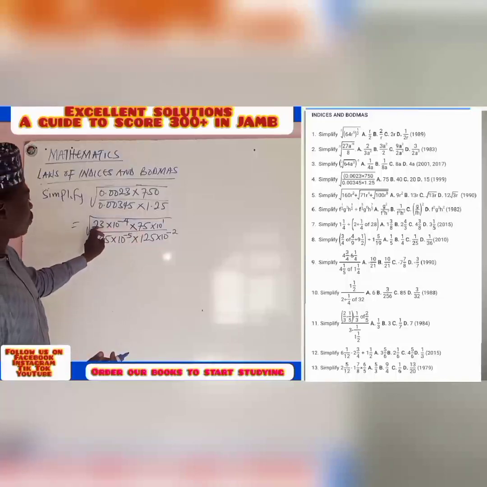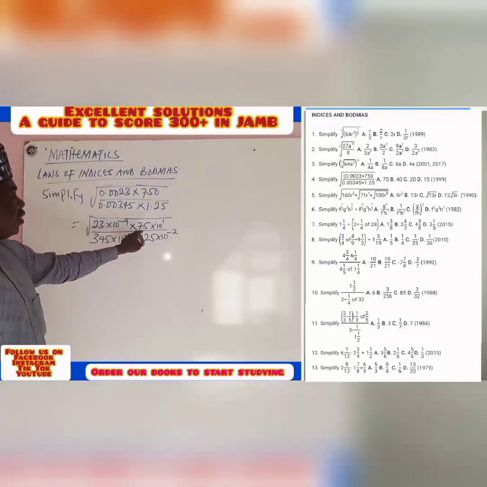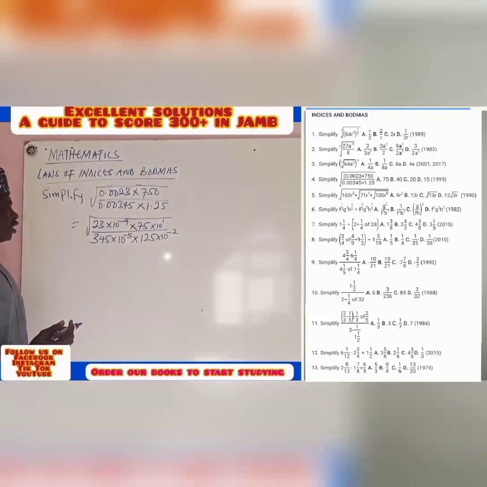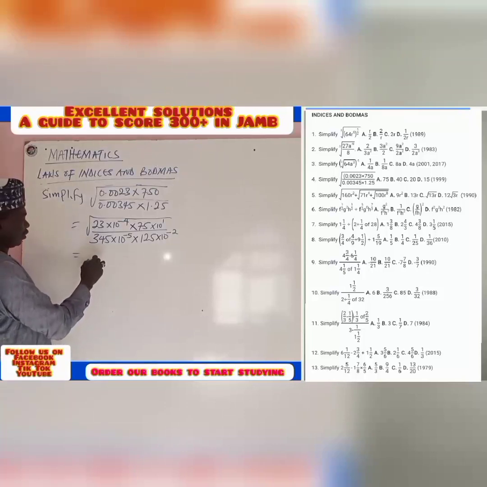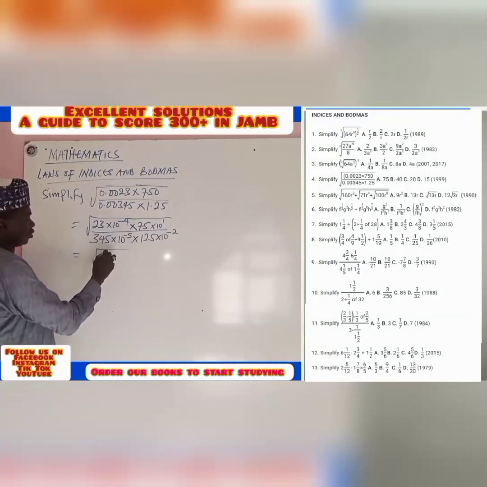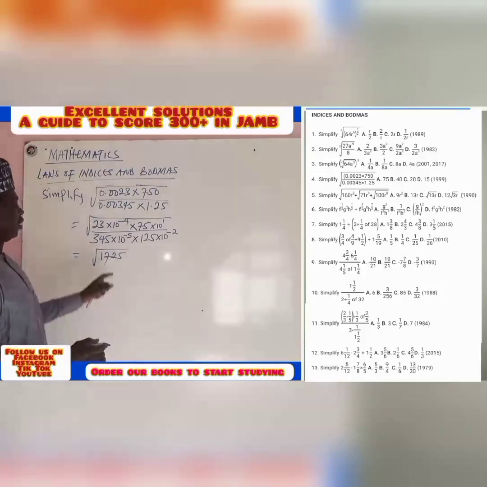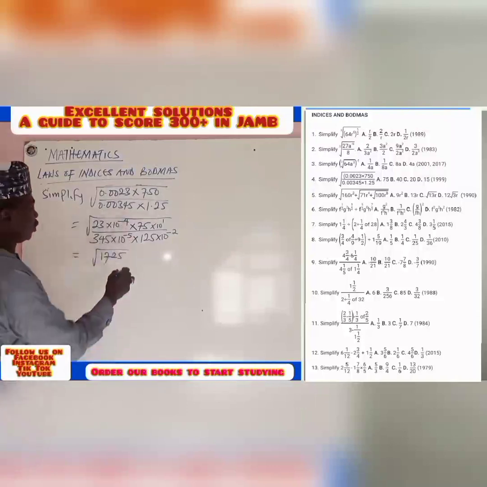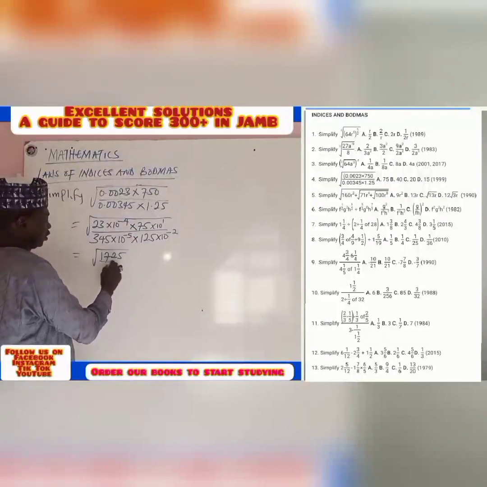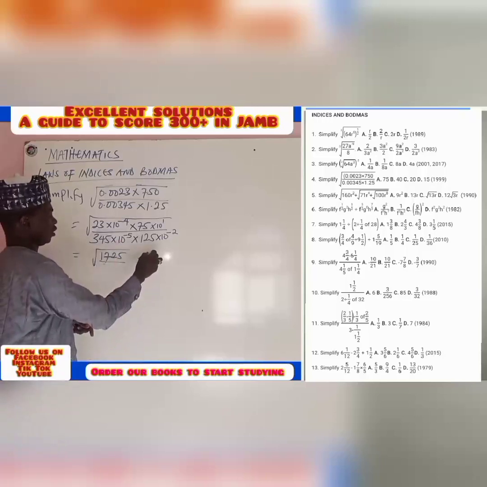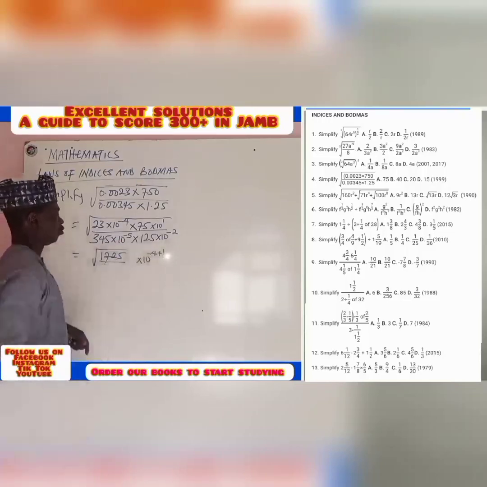If we multiply 23 times 75, we are going to have 1725. So this one will give us 1725, and our power is going to be times 10 raised to power of minus 4 plus 1.